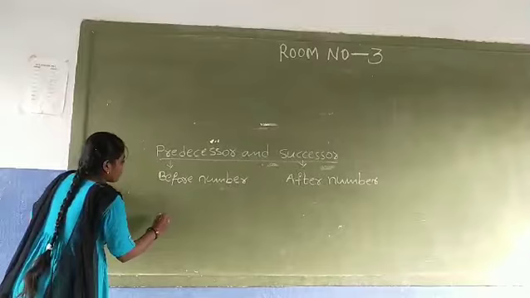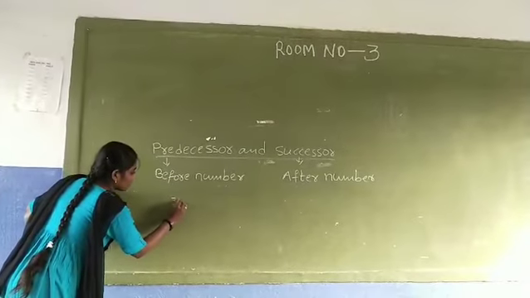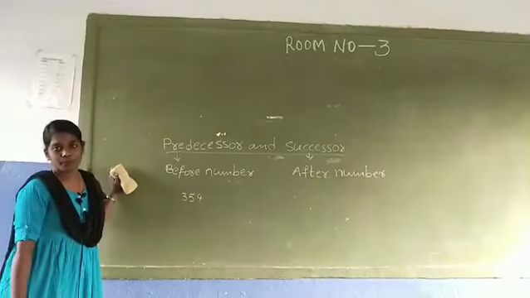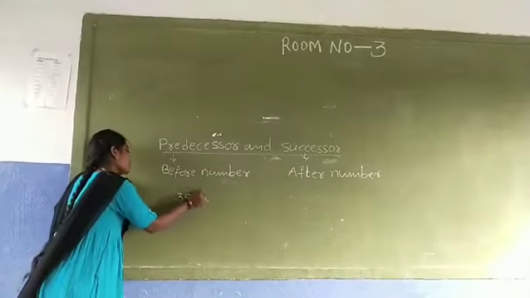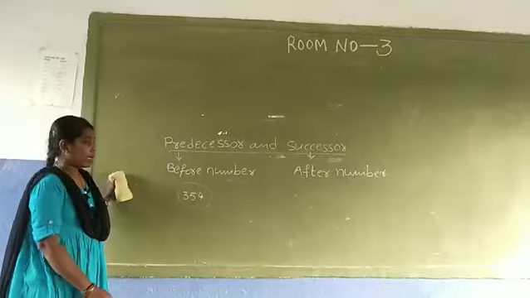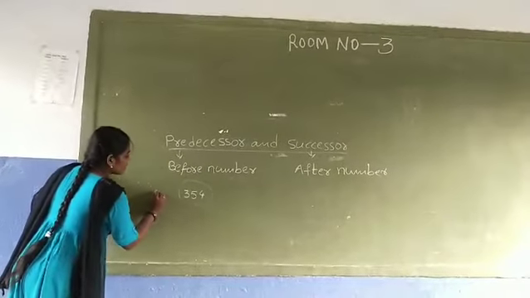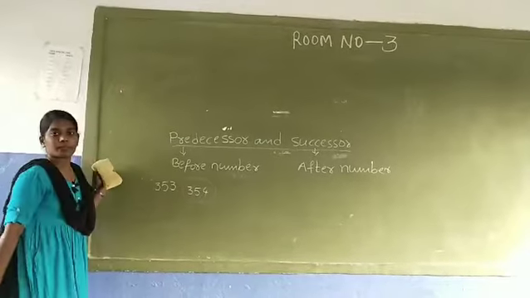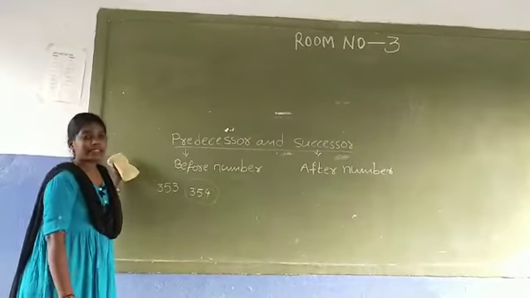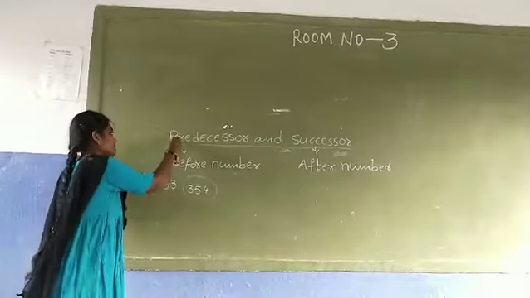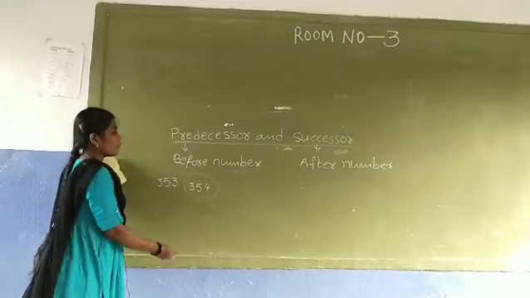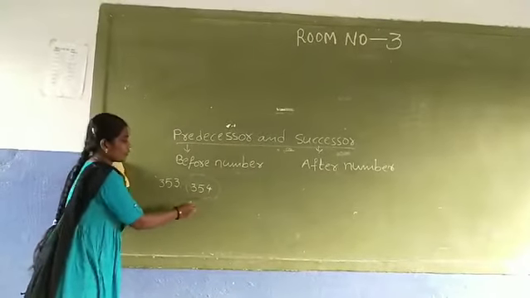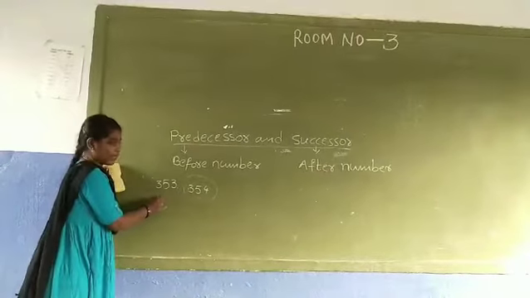Now I am taking one example. Here I am writing 354. What is the predecessor of this number? The predecessor of this number is 353. Predecessor means before number. What is the number before 354? That is 353. So the predecessor of 354 is 353.